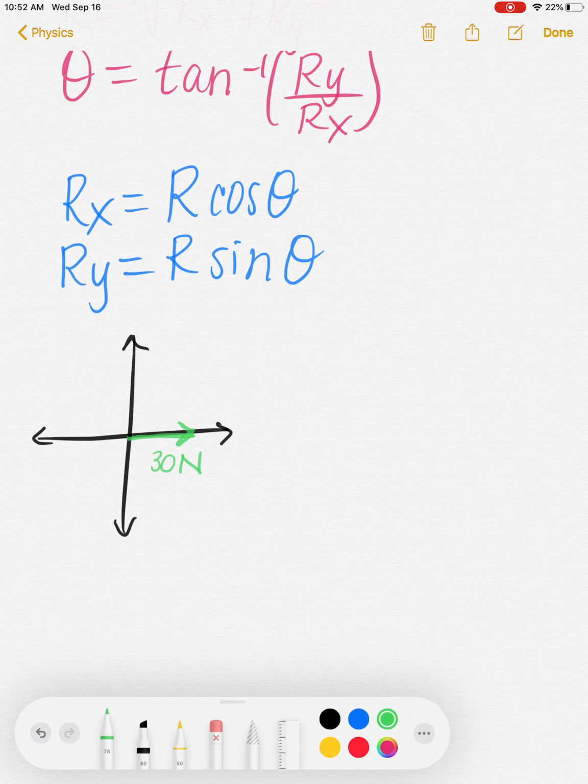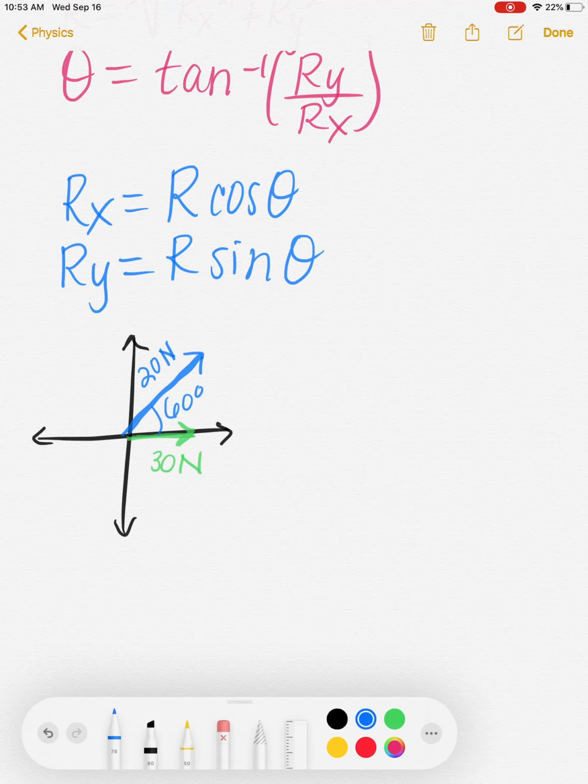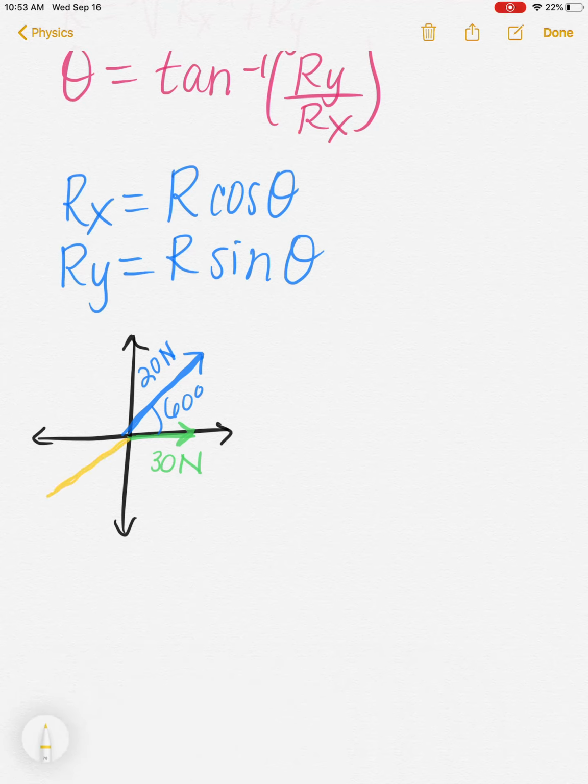Then you have another vector, which let's say is up here at an angle of 60 degrees, and its magnitude is 20 newtons. Then we have a third vector, which we'll put down here in quadrant 3. We'll say this angle is 30 degrees, and let's give that a magnitude of 15 newtons.